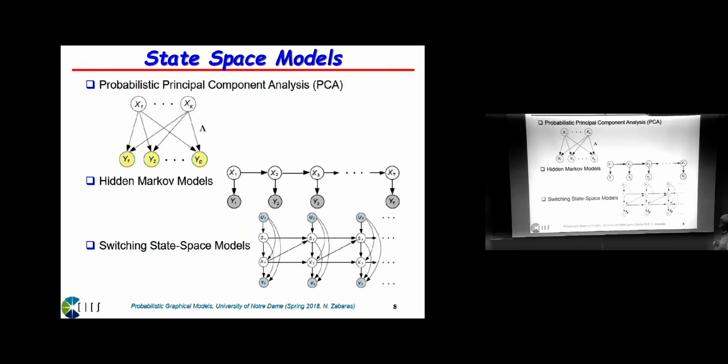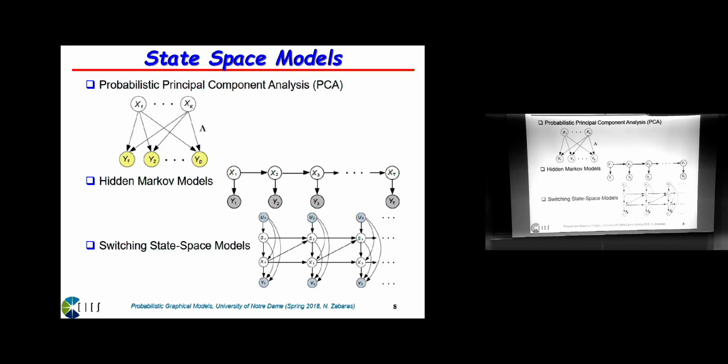We're going to spend maybe a whole week on hidden Markov models and state space models. So you're going to see these things multiple times, okay? And I'm going to bypass the unsupervised learning problem under the name of principal component analysis. Maybe we will cover this in a lecture later on using graphical representation.